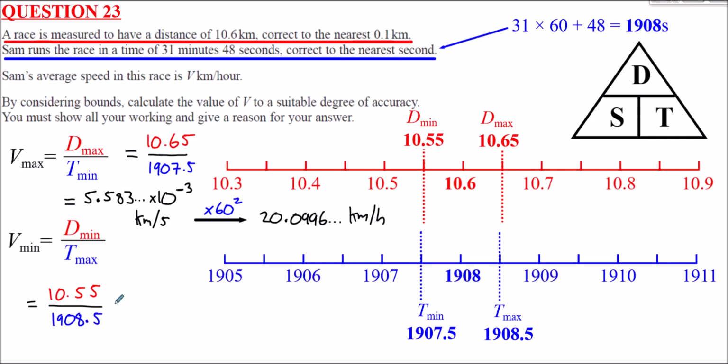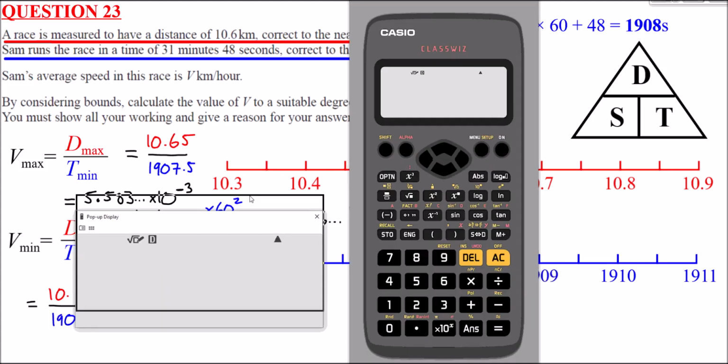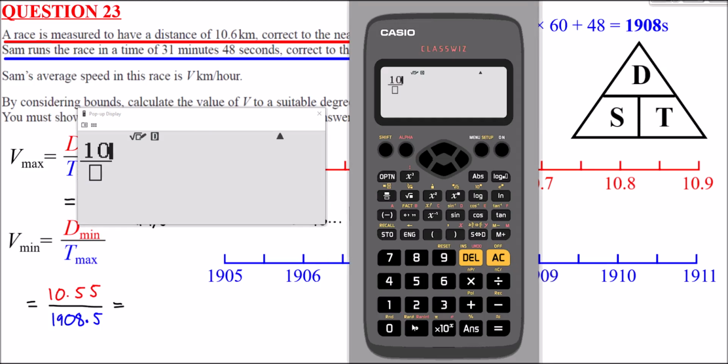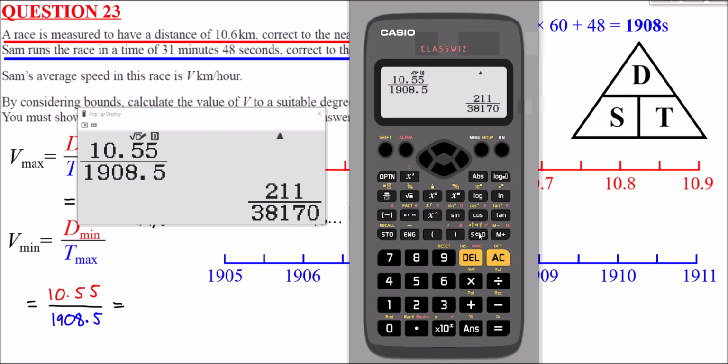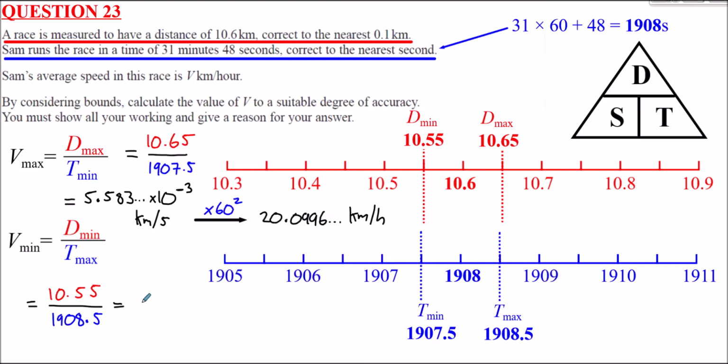So again, it'll be a small number because it's going to be kilometres per second. So 10.55 divided by 1908.5 equals. Again, we get a very small number, this time 5.5279, and so on, multiplied by 10 to the minus 3, because again, that's in kilometres per second.